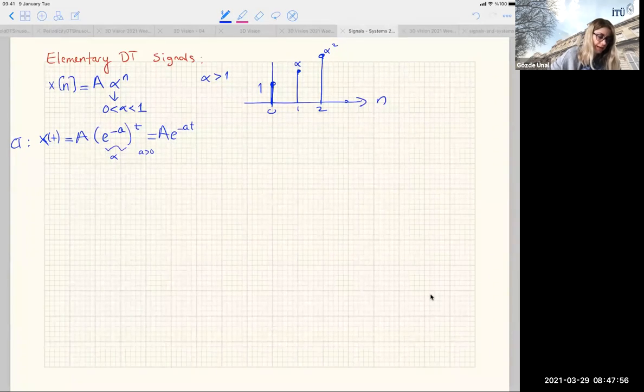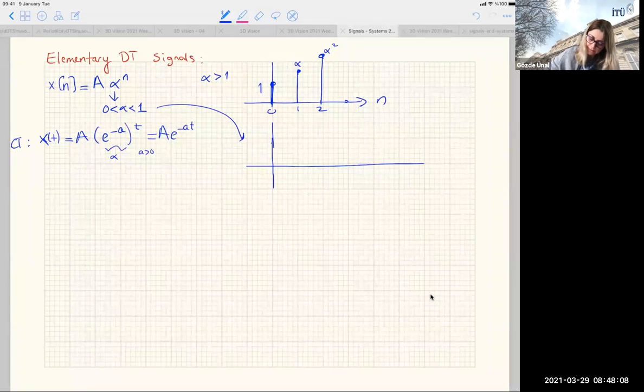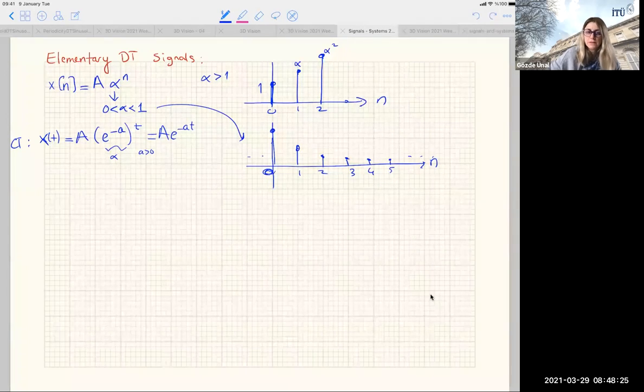Now let's also plot the other case, where I have a decreasing or decaying exponential, and maybe it's 0 on this side, or however you define it.